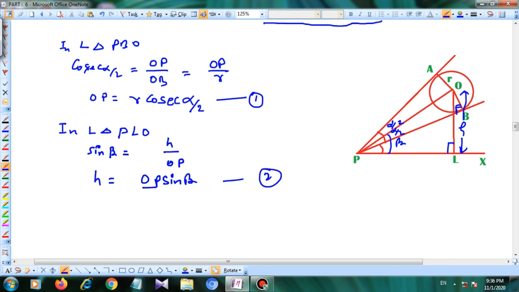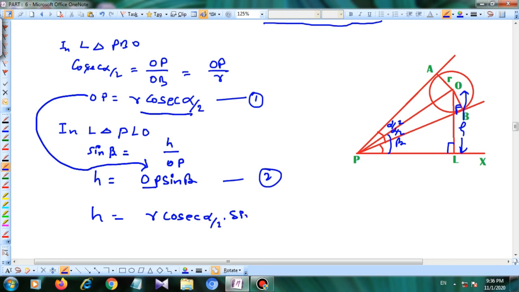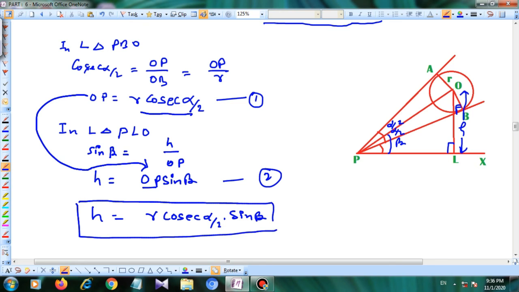But OP is R cosec alpha by 2. So put the value of OP in the second equation from the first equation, then we will get h equals R cosec alpha by 2 into sine beta, right? As proved. Thank you, students.